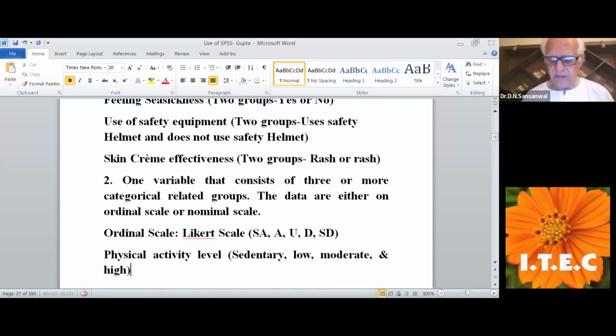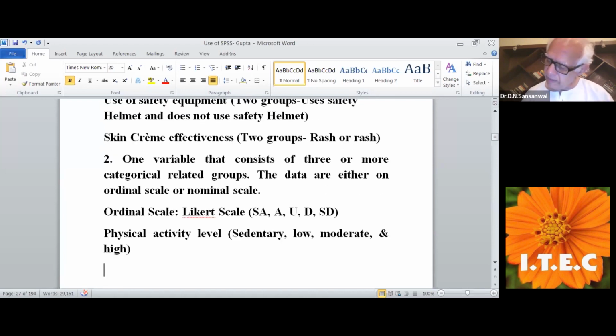So you have the 4 levels here. Another can be customers liking a product.